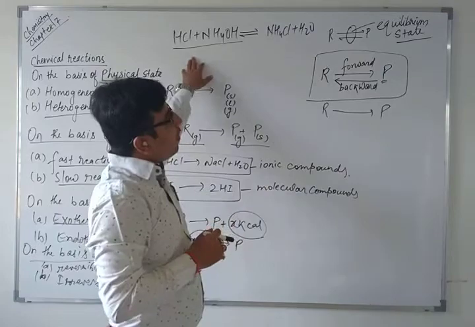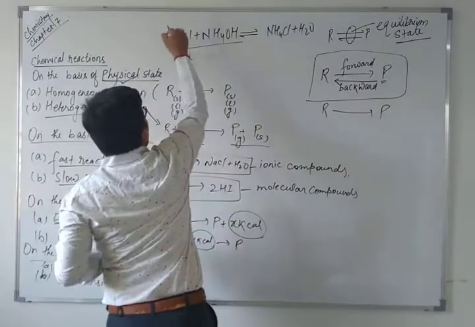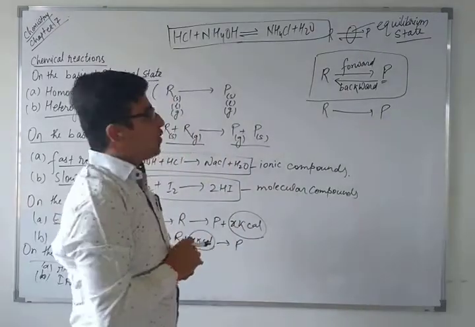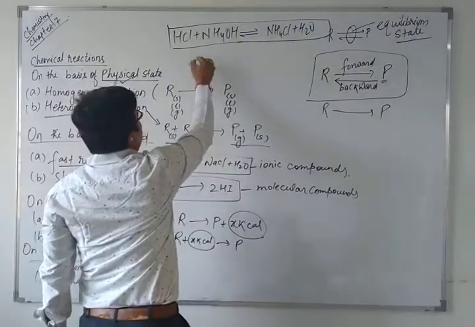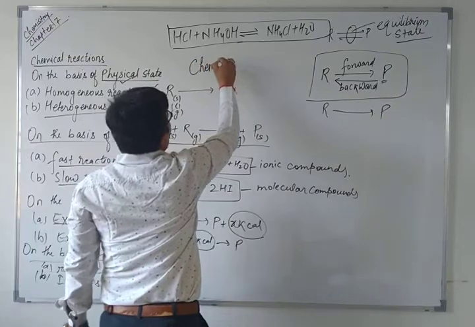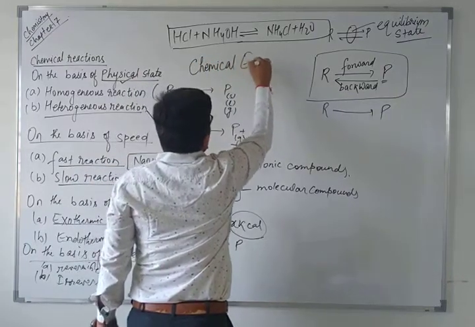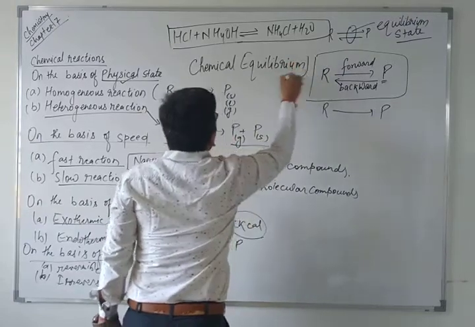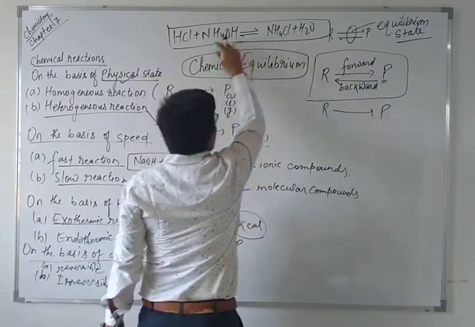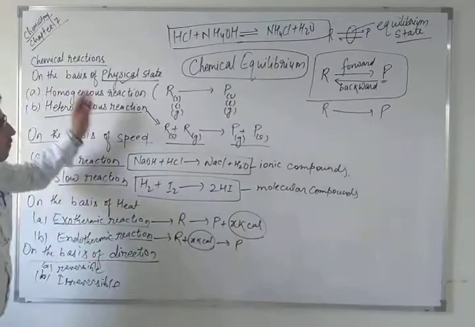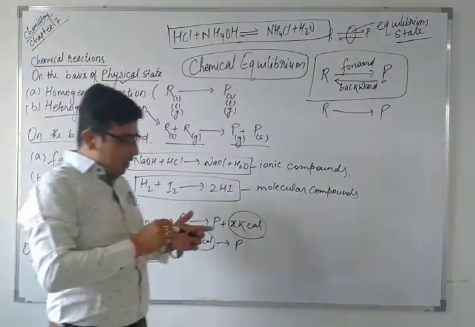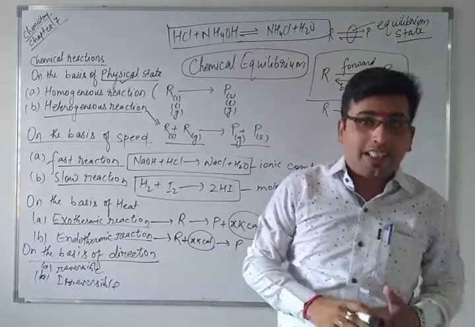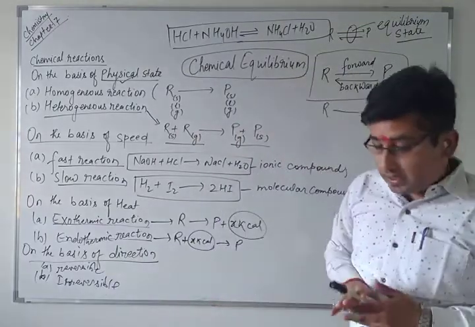So this is called an equilibrium reaction, chemical equilibrium. Today's main topic is chemical equilibrium, right? To understand this equilibrium state, I have given you all these examples: how many types of reactions, forward and backward, when the reactant changes into the product and when the product changes into the reactant. That was the main thing to make you understand.